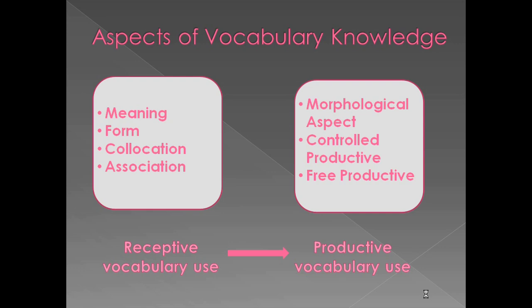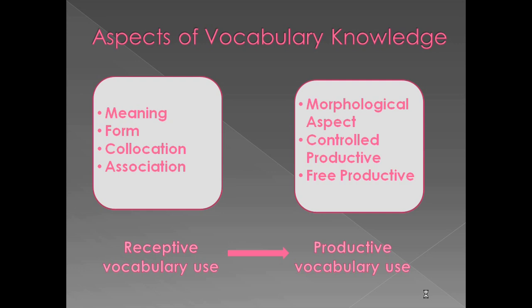Association is actually a bit overlapped with the meaning aspect. However, it's a higher level of command of the language. It looks at how a word is associated or linked to other words, and this aspect will be measured receptively. In the productively measured aspect, I'm going to look at the morphological aspect.